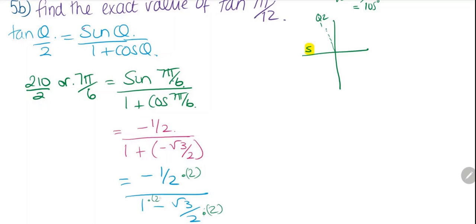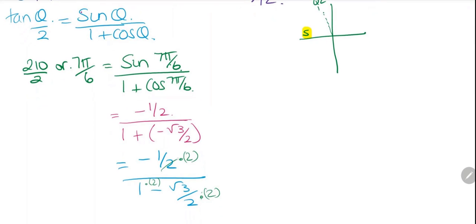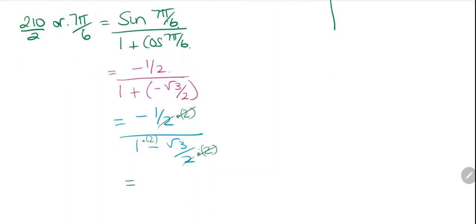So multiplying all the terms by 2, and these will cancel. So this will leave me on the numerator with minus 1. And then on the denominator, I'll have 2 minus root 3.